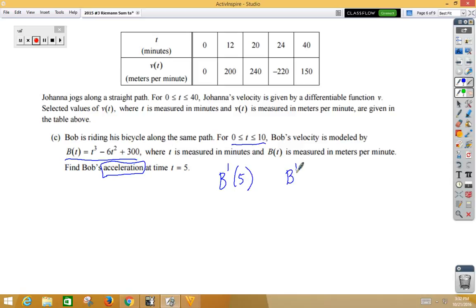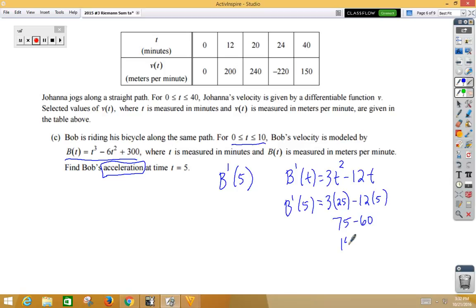So b prime of t would be 3t squared minus 12t. B prime of 5 would then be 3 times 25 minus 12 times 5. So 75 minus 60 would be 15.